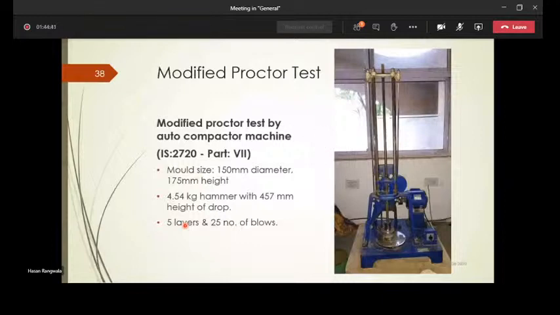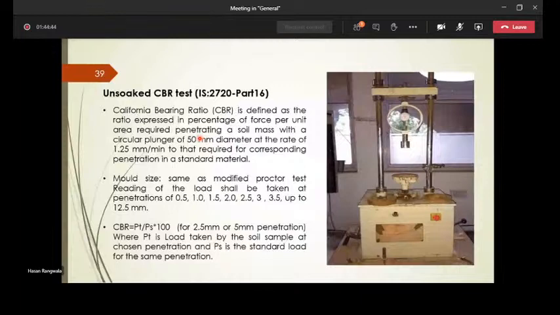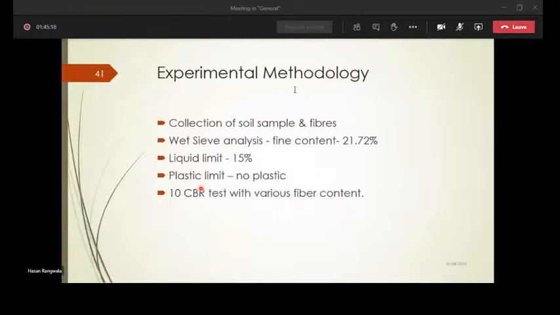Next is unsoaked and soaked CBR. I hope most of you are aware of how soaked CBR and unsoaked CBR are done. We put the sample and increase the penetration using the screw jack assembly, and we record the load at particular penetration. After that, we analyze the CBR value.